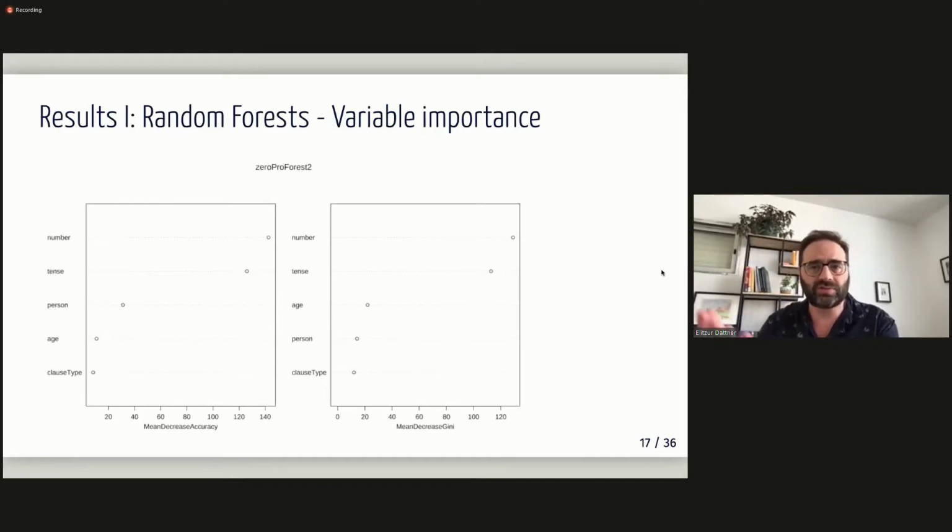So the choice of using full versus pronominal versus zero subject is mostly affected by the number of the subject and the tense of the subject, and much less by the age of the child or the person of the subject or the clause type. So age, person, and clause type, and specifically what's interesting for us is the age, have very little role to play here according to the random forest analysis.